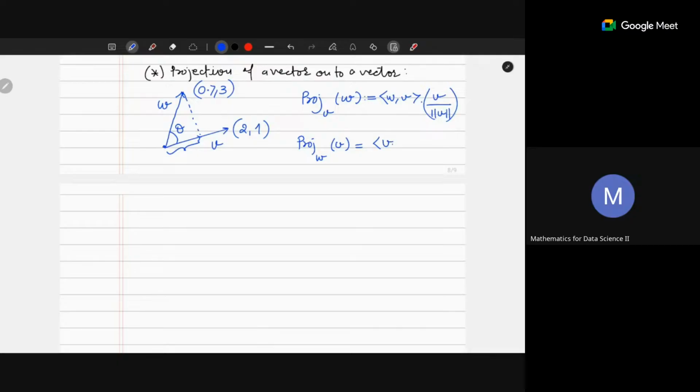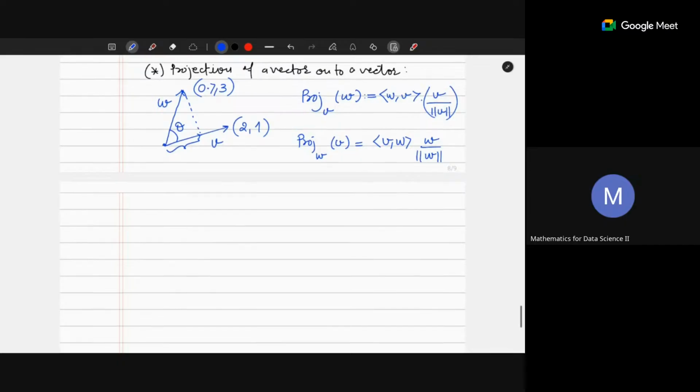We will define it with the dot product of V and W, divided by W. Only the direction will change. The scalar will remain the same.